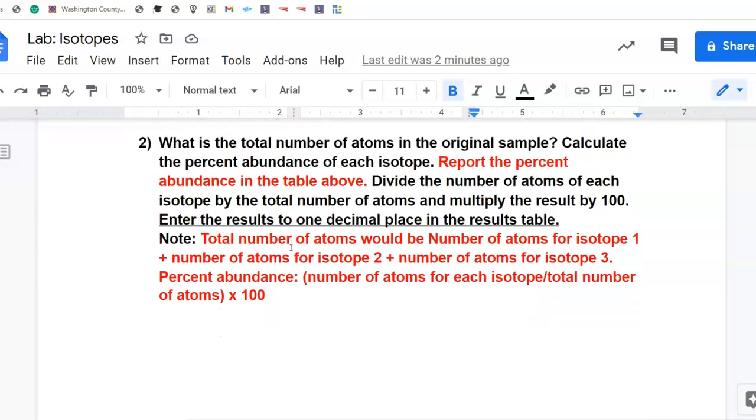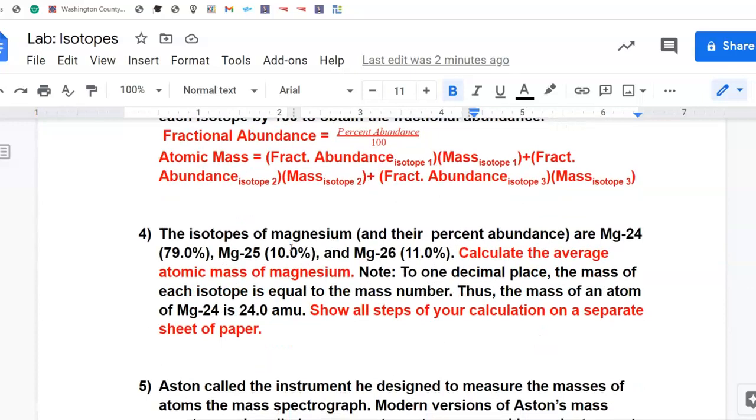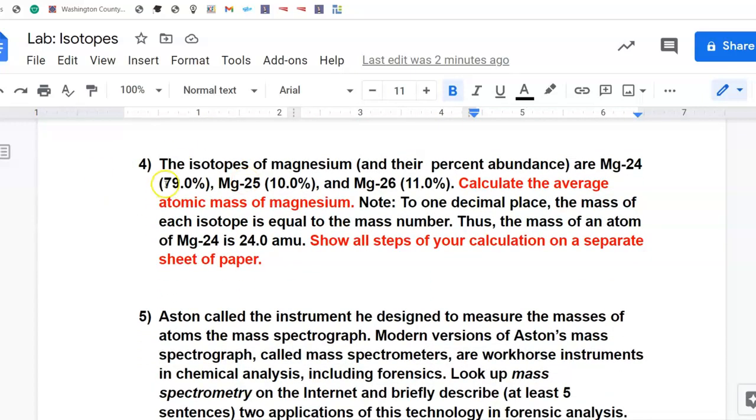Then you also have this question: the isotopes of magnesium are Mg24 at 79.0%, Mg25 at 10.0%, and Mg26 at 11.0%.